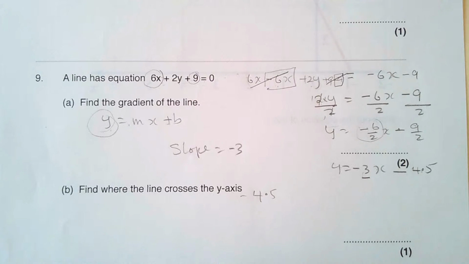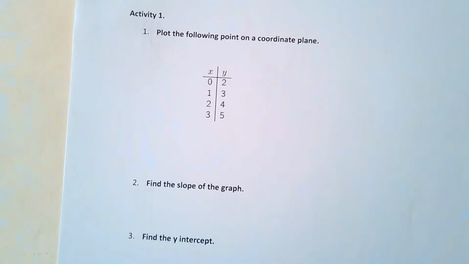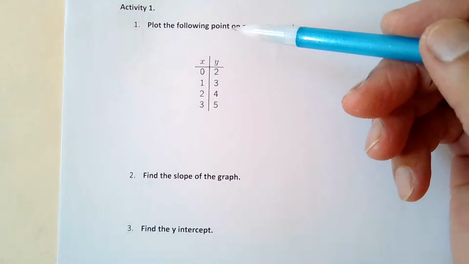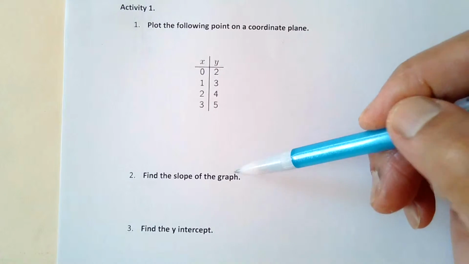I'd like for you to try out a couple of these examples in your book. Now, what happens if you have a set of data and you want to find an equation? Let's look at this set of data here. Plot the following points in a coordinate plane, find the slope and find the graph.